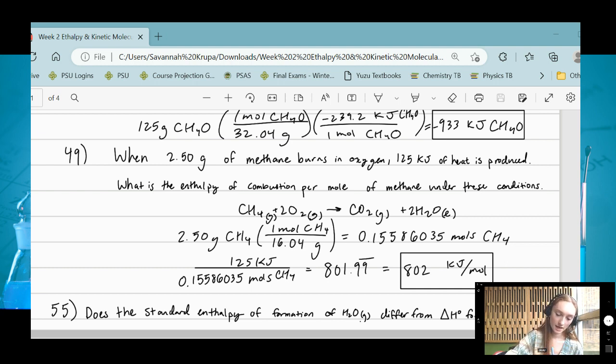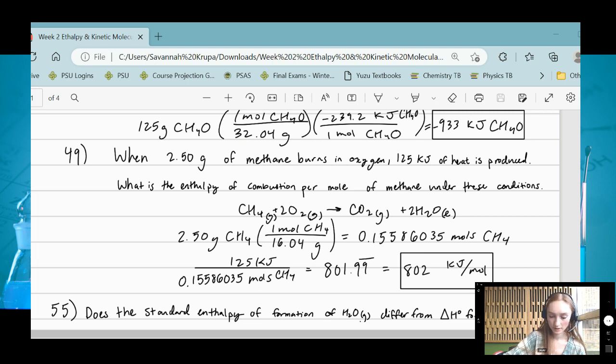So we have a mass of methane, so we want to start with that mass. So we have 2.50 grams of CH4. And so we need to go to the molar mass again because we want to get this into moles instead of grams. So the molar mass of CH4 methane is 16.04 grams per 1 mole of CH4.